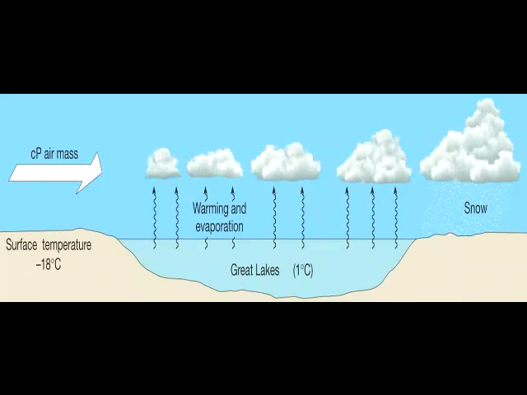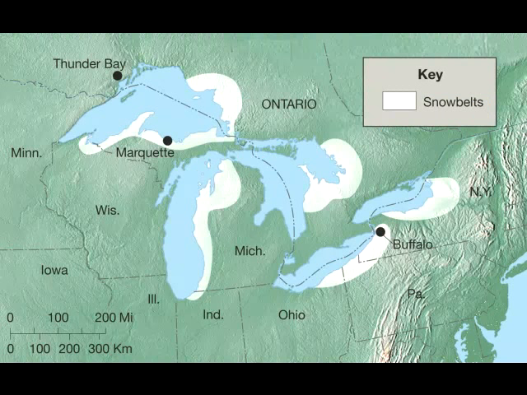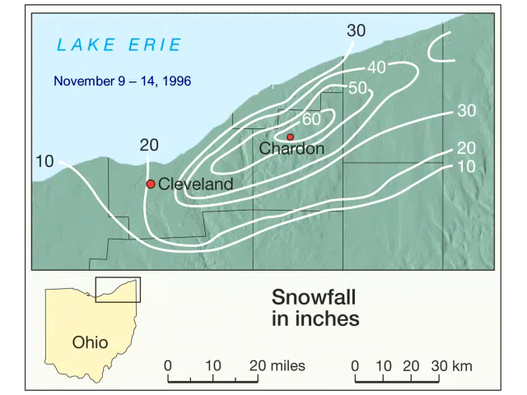Heating and evaporation from the relatively warm water surfaces leads to unstable and moist air reaching the leeward shores. This goes along with the lake effect snows on the eastern leeward shores of the Great Lakes. Lake effect snow is often associated with tremendous amounts of snowfall in a relatively short time.